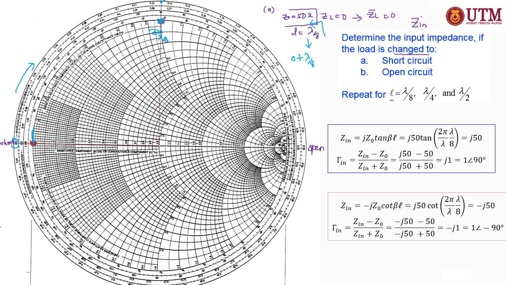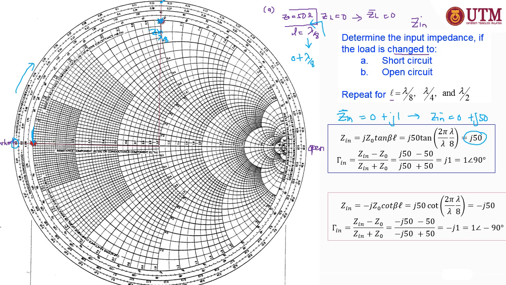Okay, so in this case, the Z in equals 0 plus J1. So to get the real value, multiply with Z0. So Z in equals 0 plus J multiplied with the characteristic impedance 50. Okay, so it's the same as the calculated one.